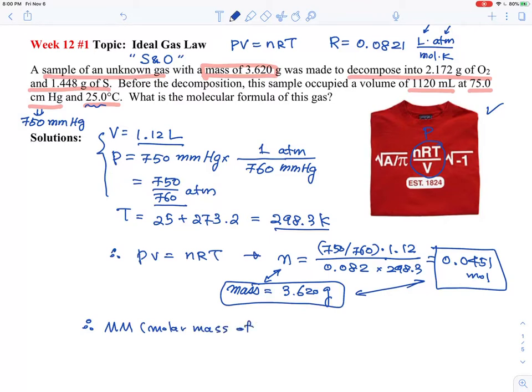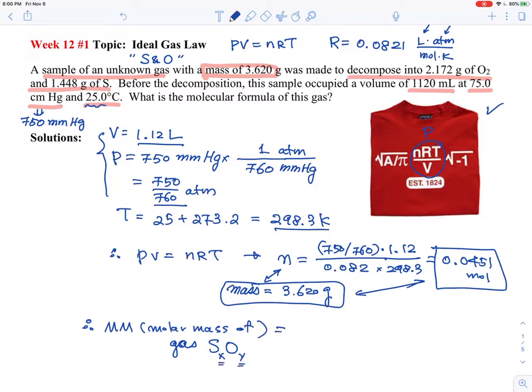The gas is composed of, let's say, sulfur and oxygen, so let me just say the gas is S and O, X and Y. That is something we're going to figure out later.